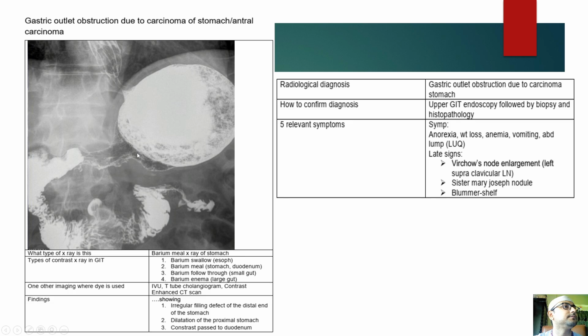The obstruction is not complete, but the margin is not regular, right? Part of the dye has passed through the duodenum, but you can see this duodenal end has an irregular margin, and the stomach is not so dilated.